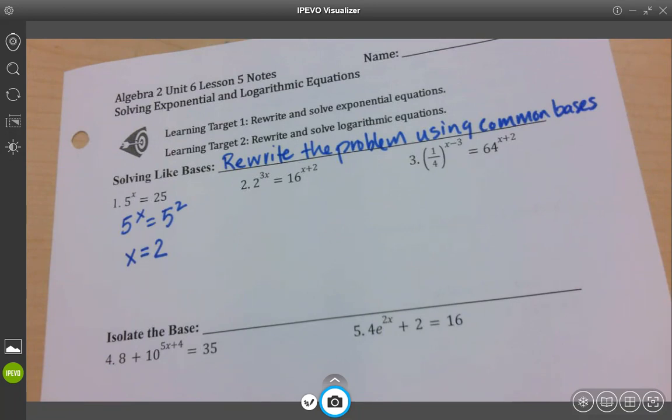Should we rewrite the 2 or should we rewrite the 16? The 2. So I could make 2 16 to what power? That actually seems hard. It's possible, but how about if we try rewriting the 16? 16 could be 2 to what power?